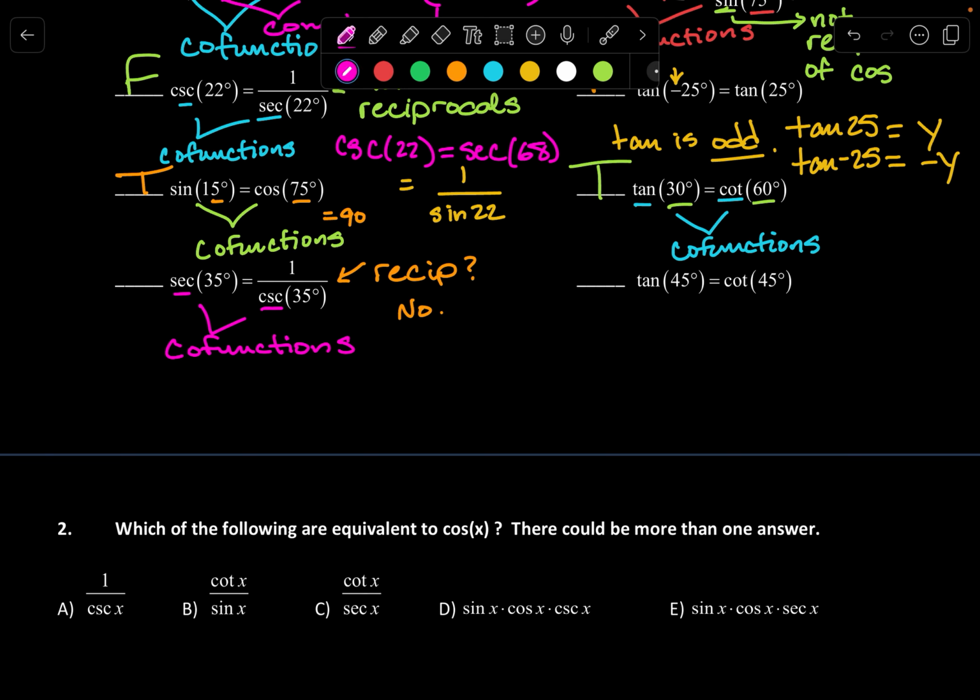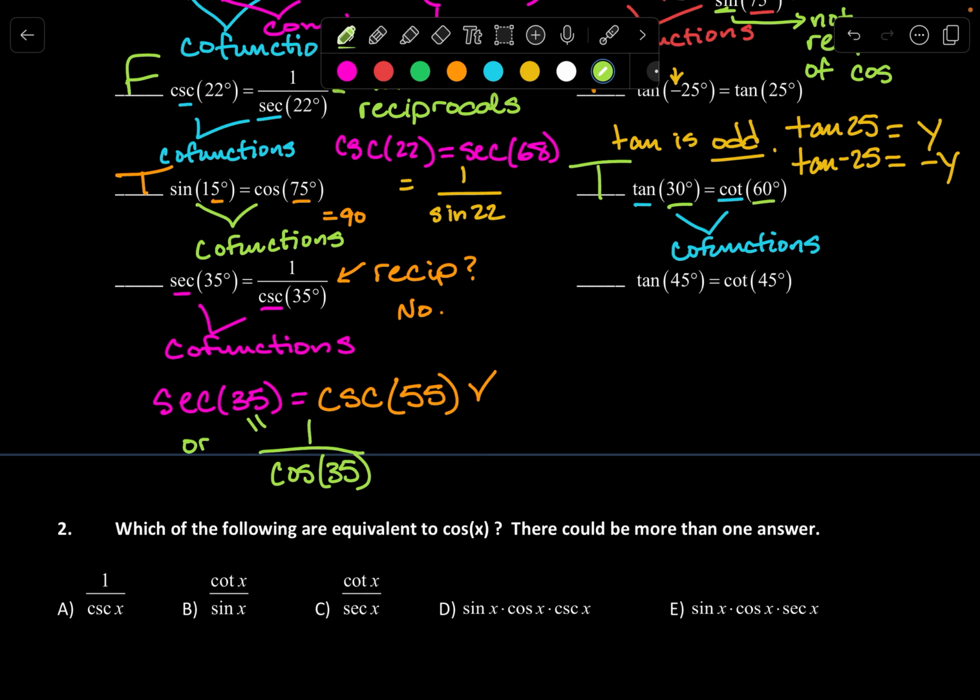I could say secant 35 equals cosecant, but not under 1, and it would need to be the complement of 35, which is 55. So that could be true. Or I could say that secant 35 equals 1 over cosine of the same number, 35, because those are reciprocals. But these are neither one, so this is false.